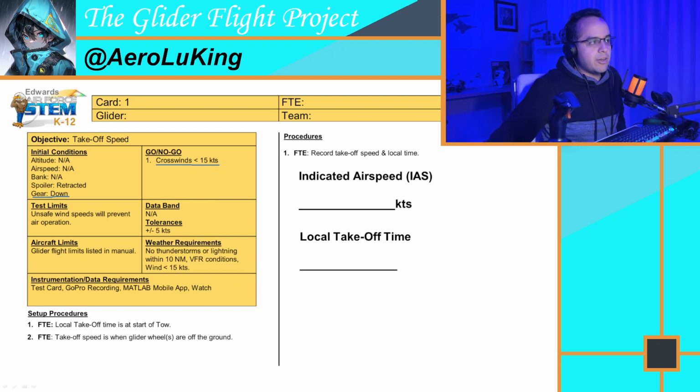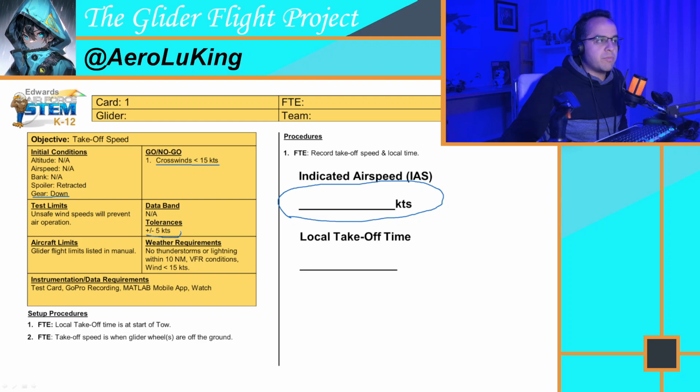Data bands and tolerance. Since we're asking you to record what the indicated airspeed in the dial is within an accuracy of plus or minus 5 knots, that is a heads up, hey, I need you to get this number within this error. Local takeoff time, just carry a watch, make sure you write that time.